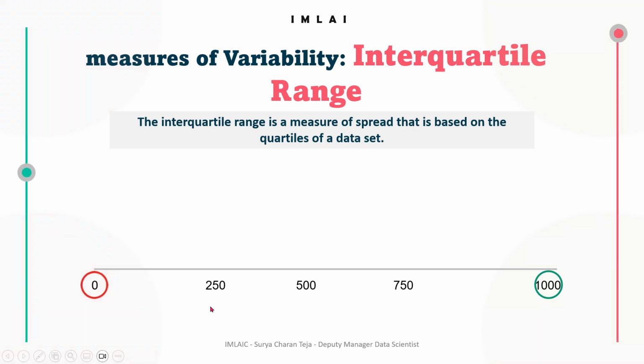We divide the 1,000 observations by 4, which gives four equal parts: 0 to 250, 250 to 500, 500 to 750, and 750 to 1,000.